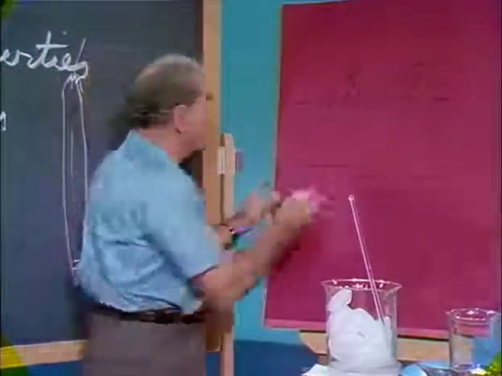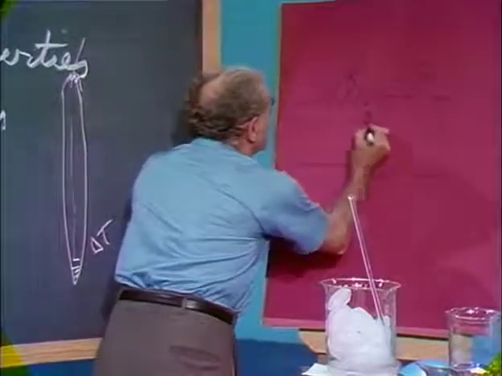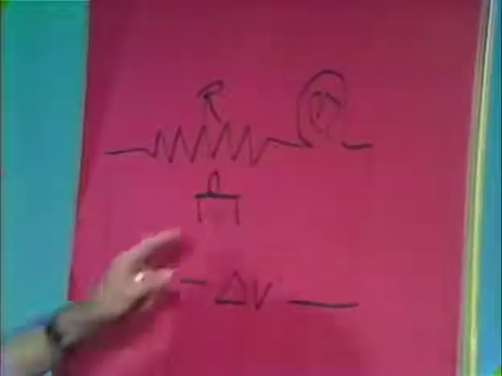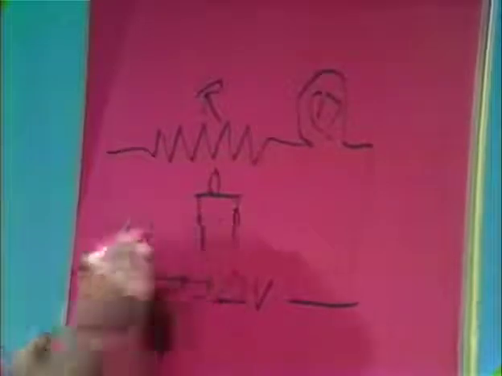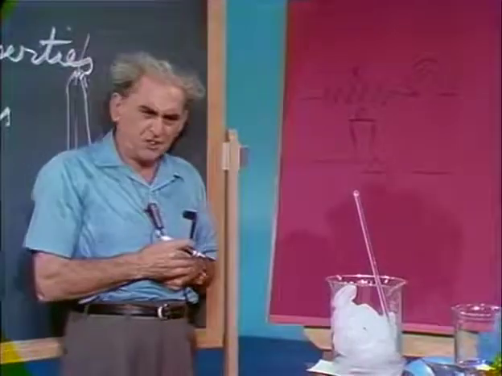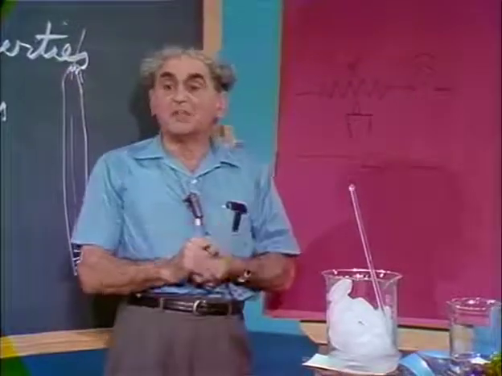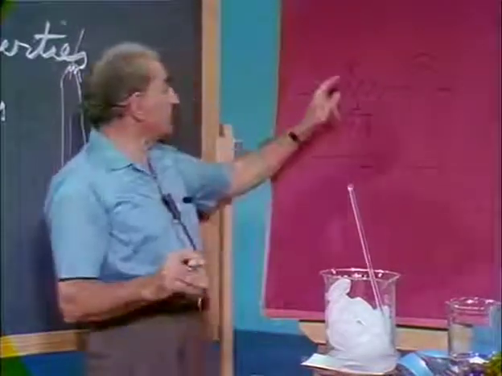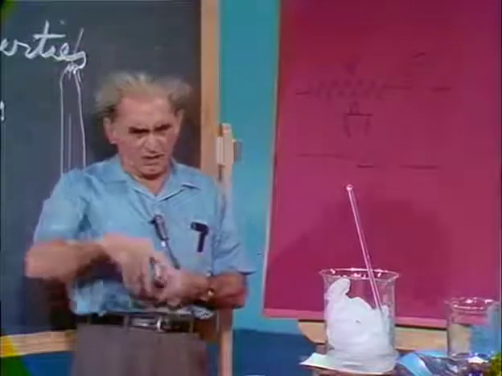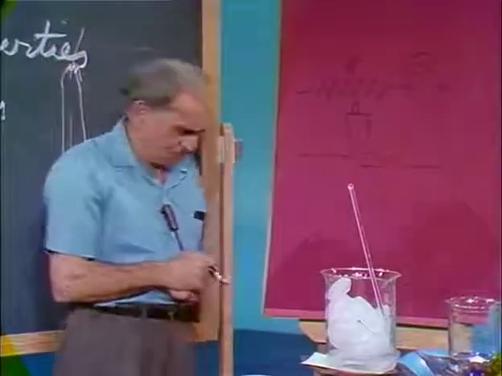Now what do I do? I am going to heat this coil of wire. That's my symbol for heat. It's a candle, you remember? I'm going to heat it. And what do we discover? An astonishing thing. The lamp gets dimmer, suggesting that the resistance of that coil increases with rise in temperature.